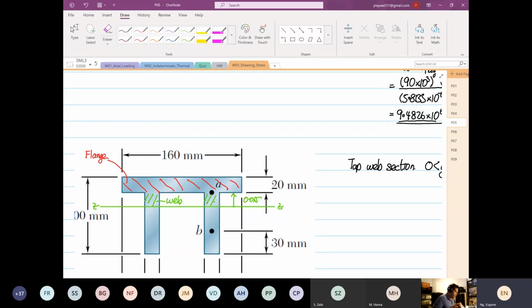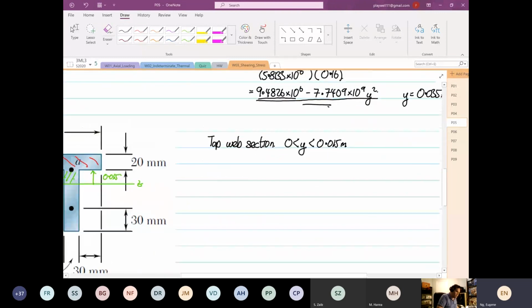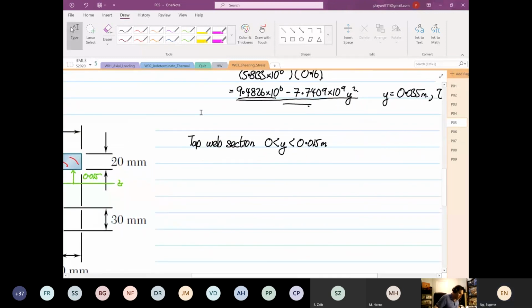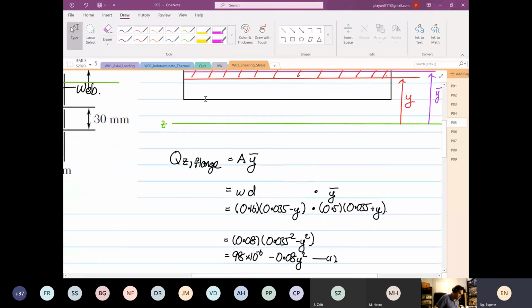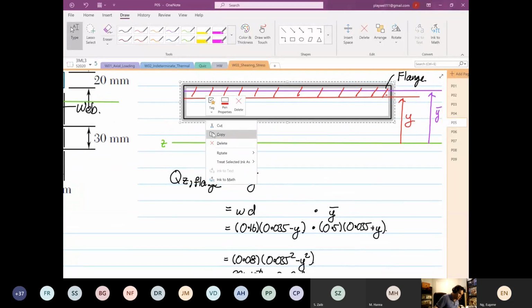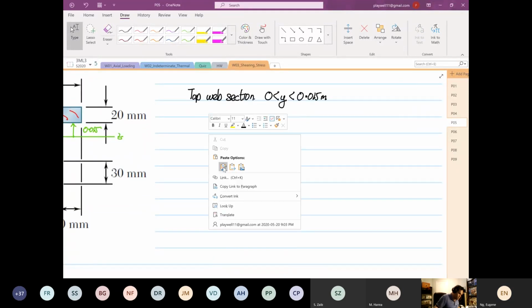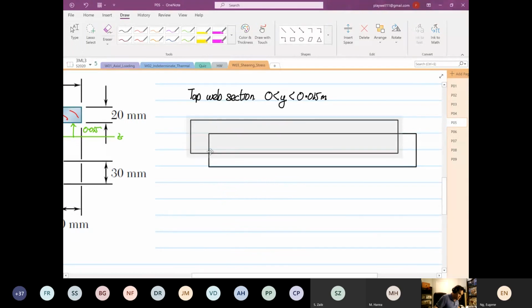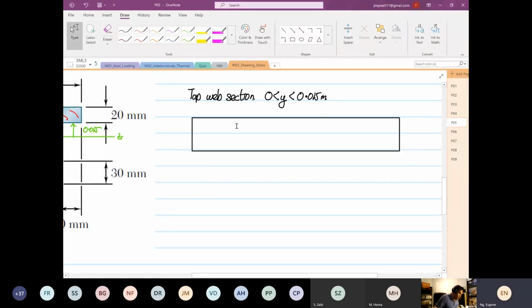Okay, now we have to be really careful about our first moment of area. So I'm going to sketch again. Okay, so we have this part, and then we have the other two parts. Again, this is just a sketch, okay?